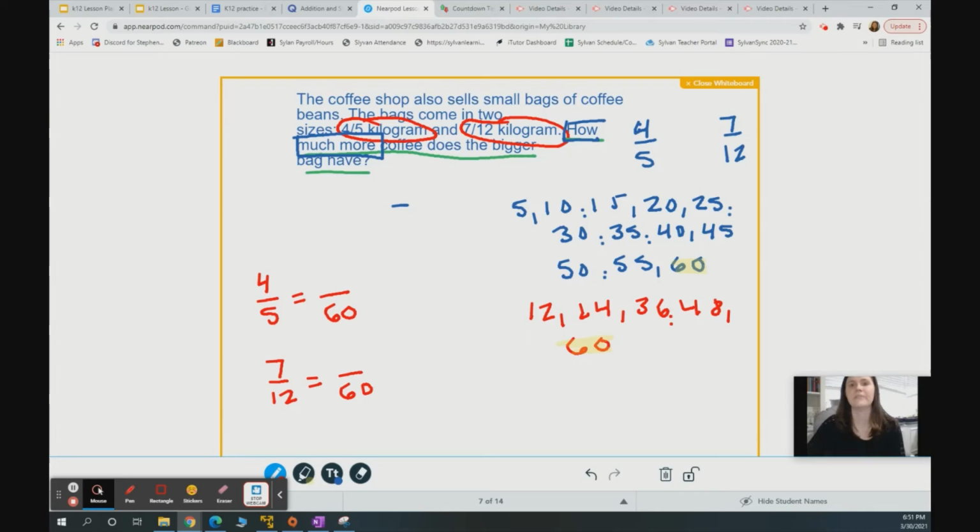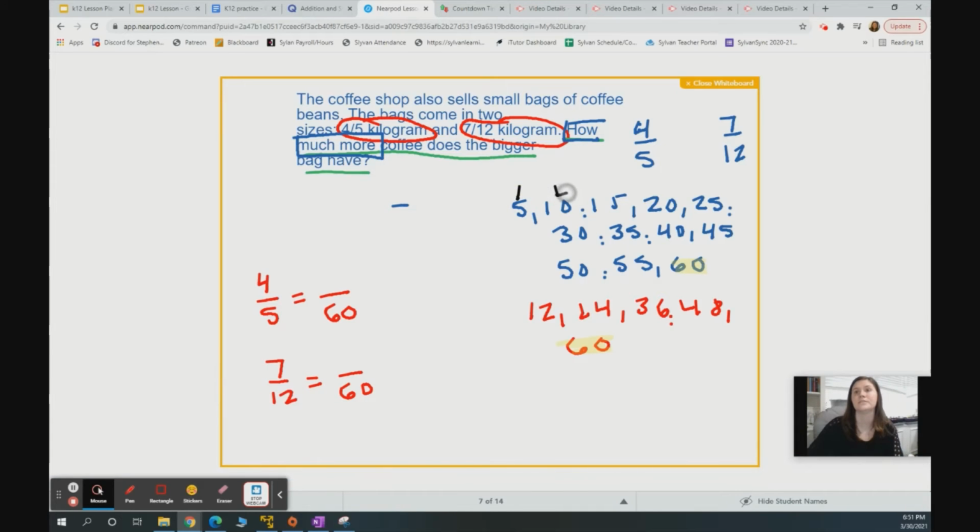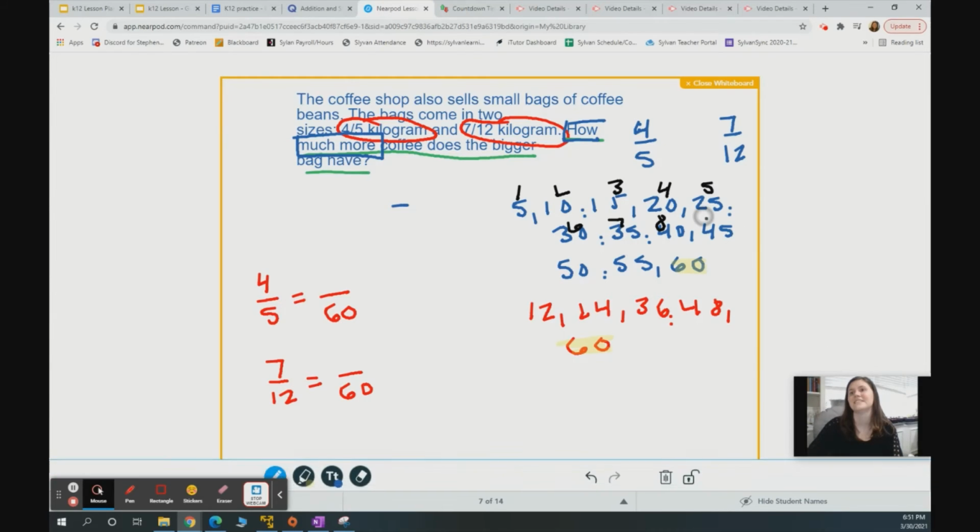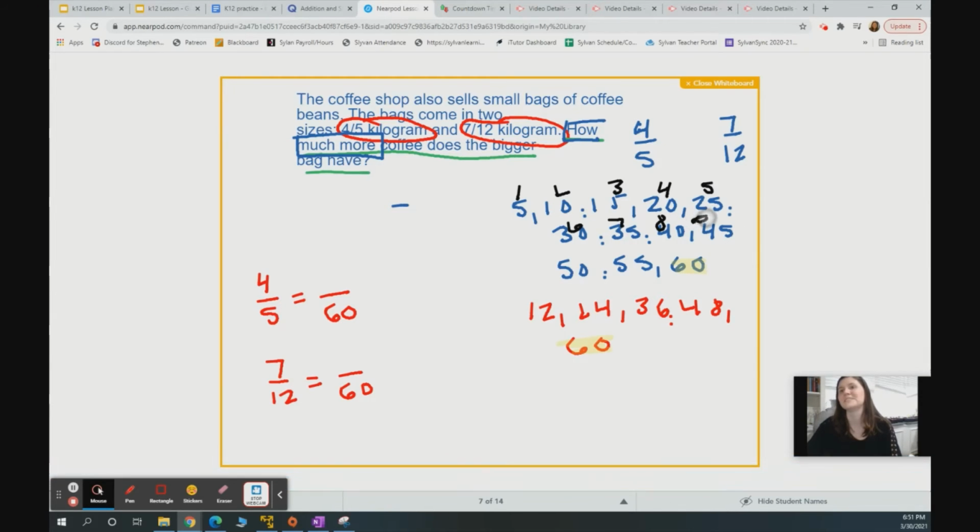So I need to figure out what to multiply by to get 60. I'm going to start with my fives. When I start with fives, I have to count: 1, 2, 3, 4, 5, 6, 7, 8, 9, 10, 11, 12.